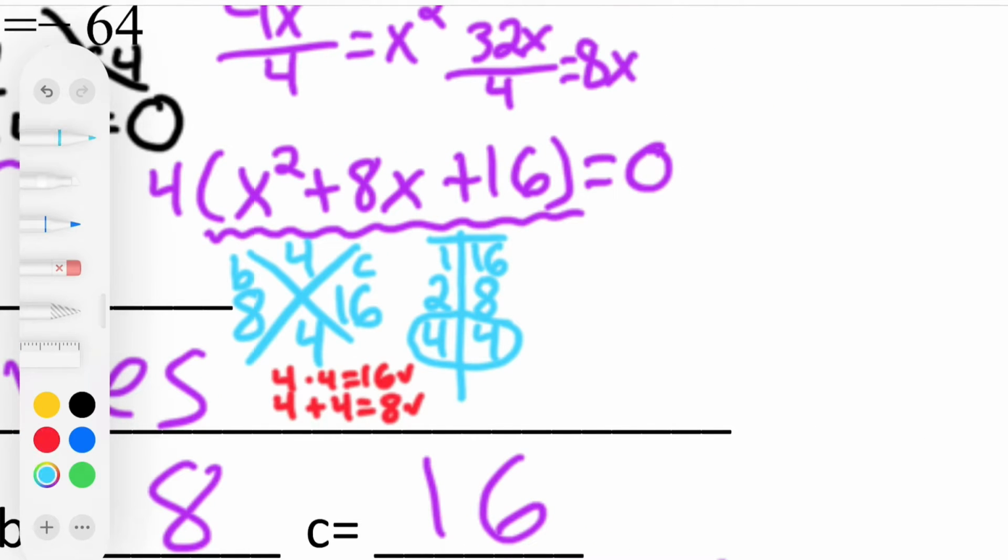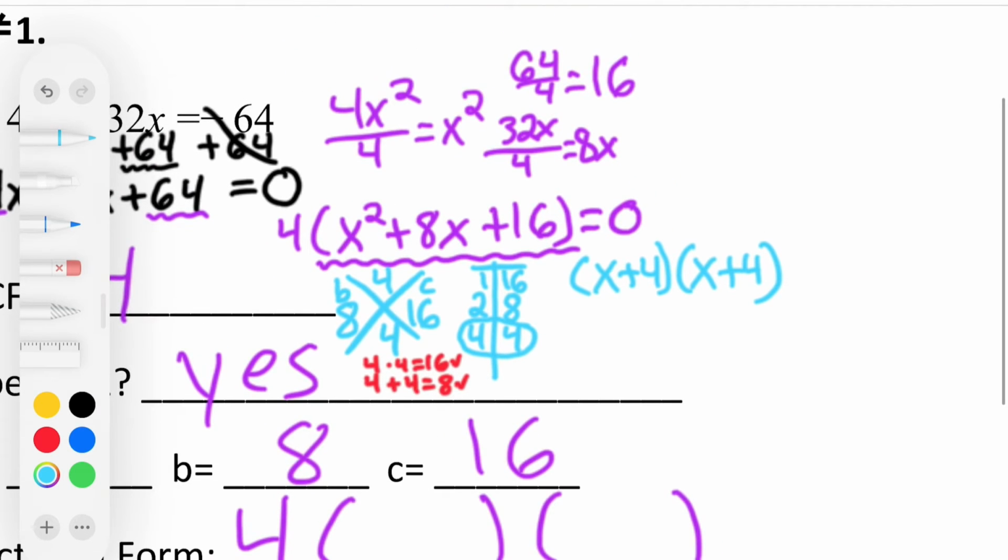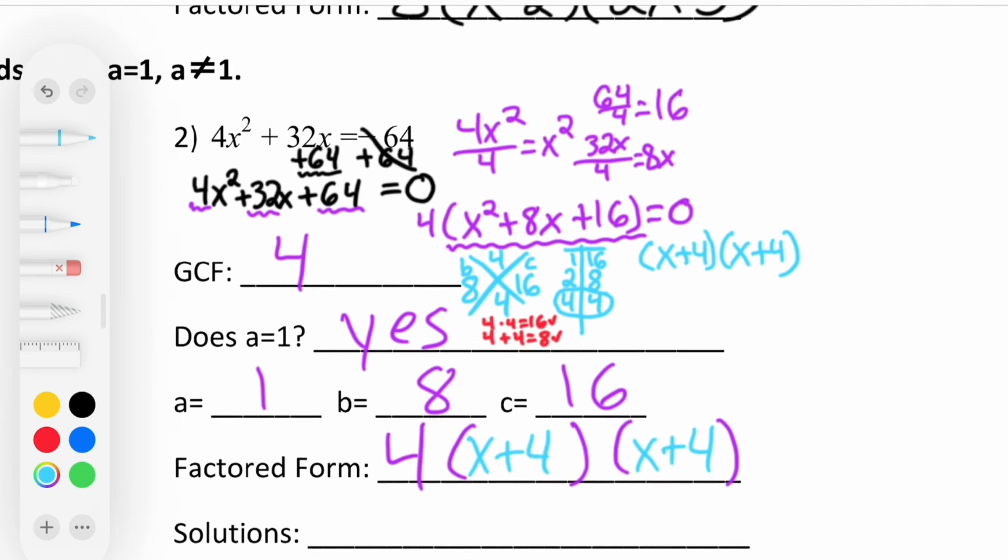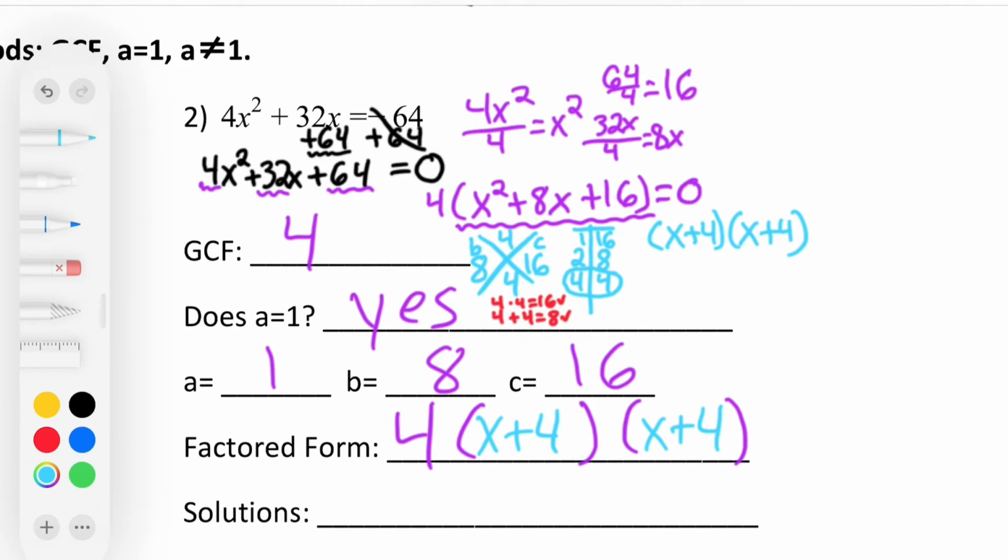So that means within the parentheses, I have x plus 4 because 1 was positive, and x plus 4 for the other one. So we have 4 times x plus 4 times x plus 4. So that will give us our factored form for number 2 of the 4th section.